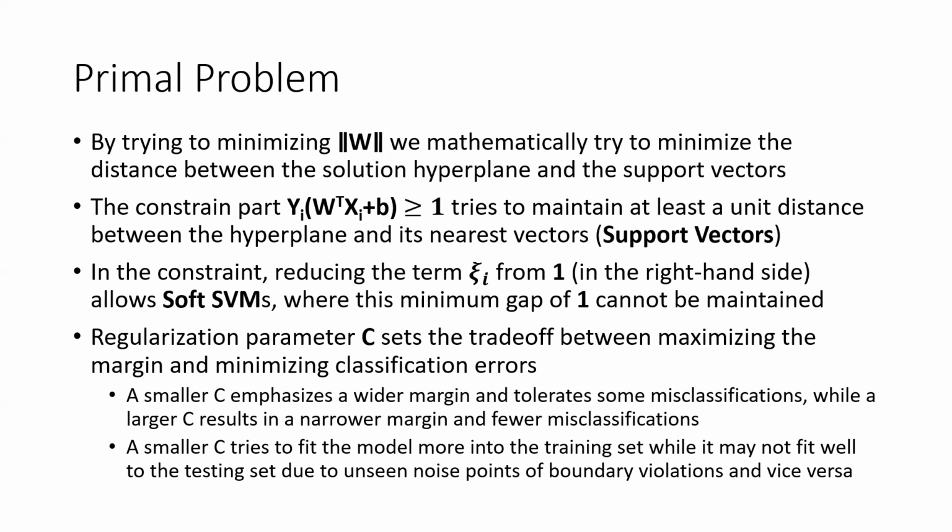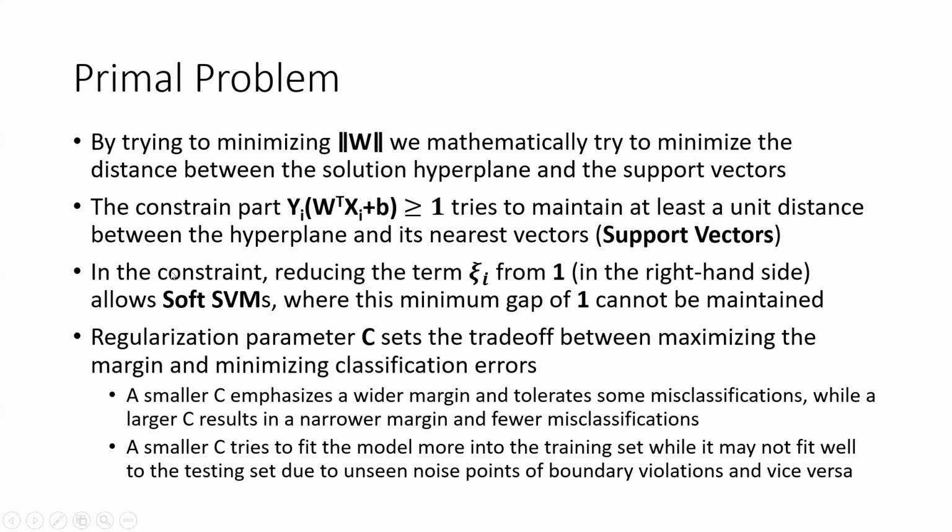For the moment, we consider linearly separable cases, that means you can separate these classes with a linear boundary. But there can be some misclassifications, and in order to allow these misclassifications, we use the slack variables, which convert a hard SVM to a soft SVM, right?